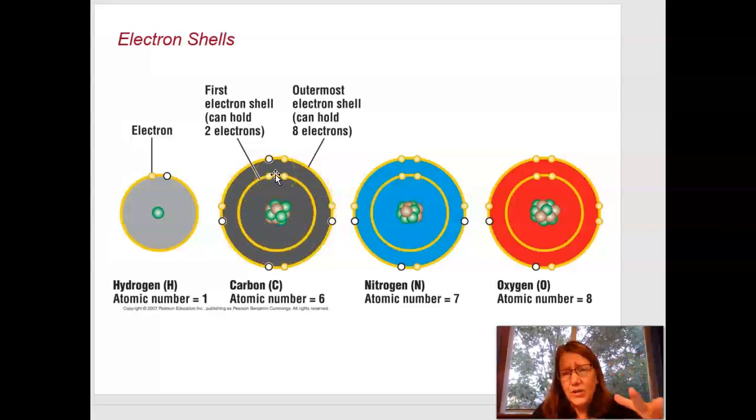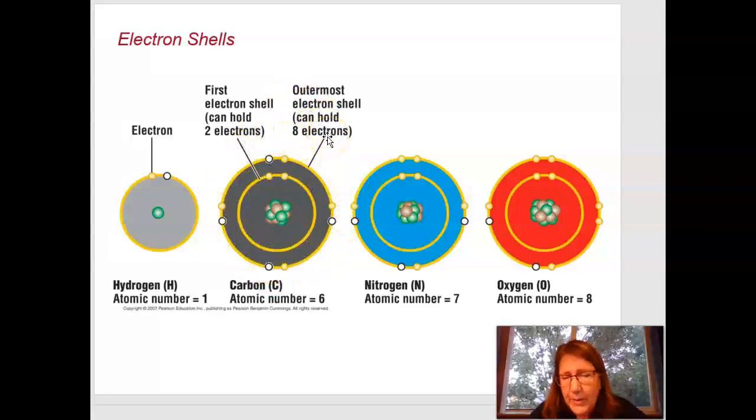And then the outer shell has room for 8. 8 electrons. So if we go 1, 2, and then 3, 4, 5, 6, we don't quite fill that outermost shell.